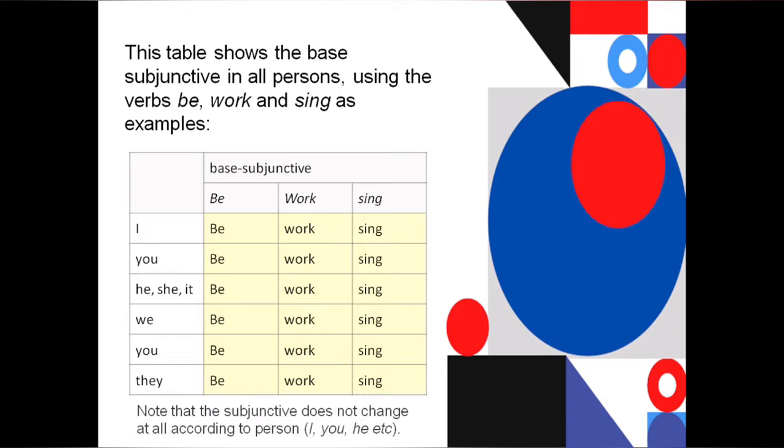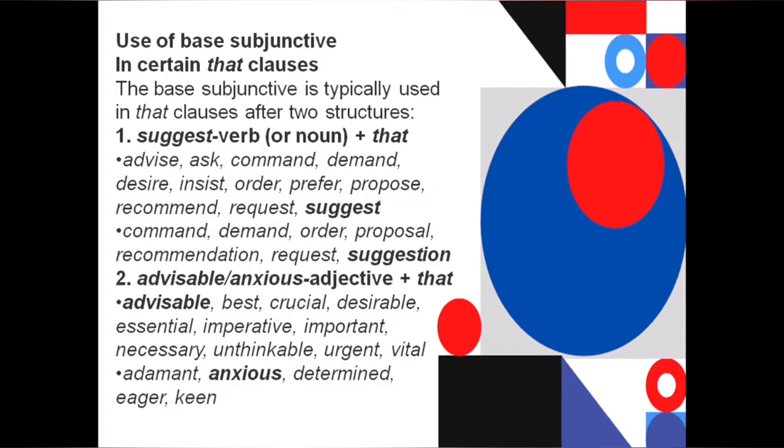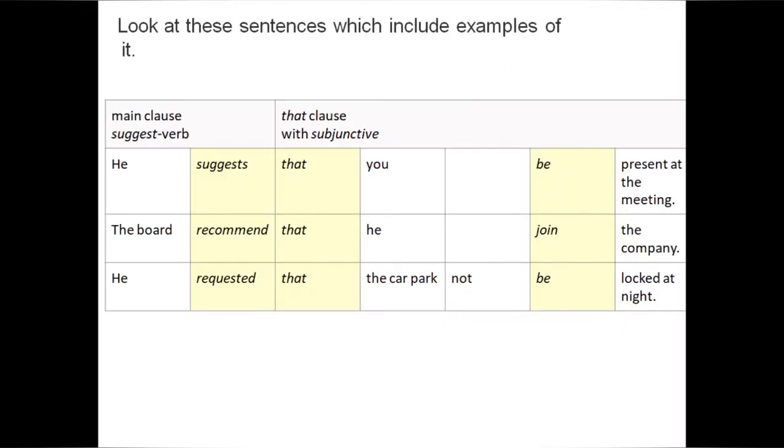You work, you be, you sing. For all of them. Then I put here some of the expressions and also verbs we use with this subjunctive. Okay, these are the most common ones. I prepared a chart to make it more visible, all right, and easier to be understood.